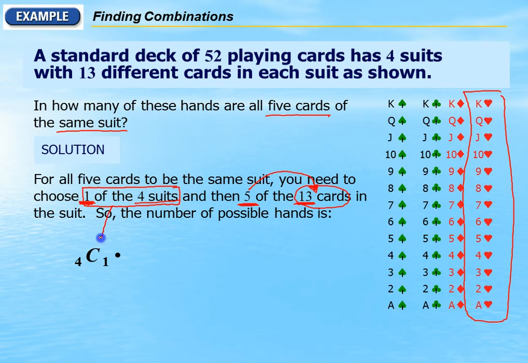I have to choose the suit: there's 4 suits, I have to pick 1. Then I have to pick 5 cards within that suit: 13 cards within a suit, and I choose 5 of those 13. I've got 2 parts, so I have to multiply them. 4 choose 1 for your suits, and 13 choose 5 for your cards. When you plug that in, there's 5,148 possibilities.